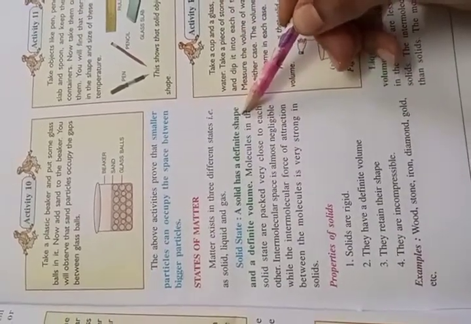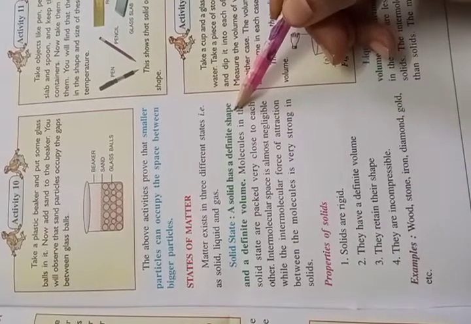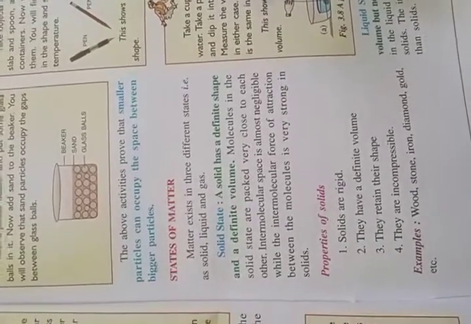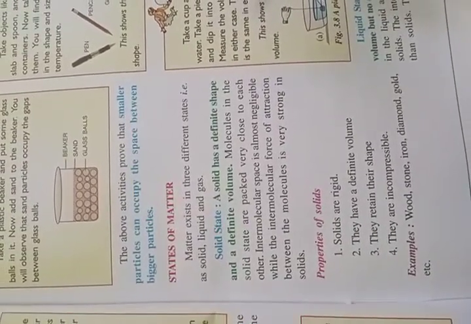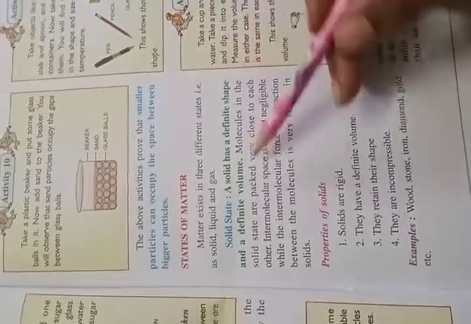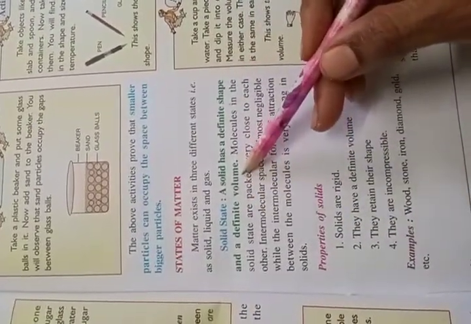In our environment there are a number of solids, like the book, notebook, table, chairs. These things have a definite shape and a definite volume.